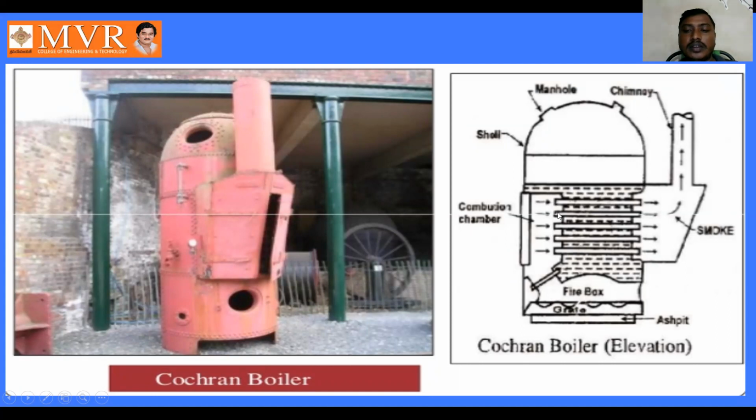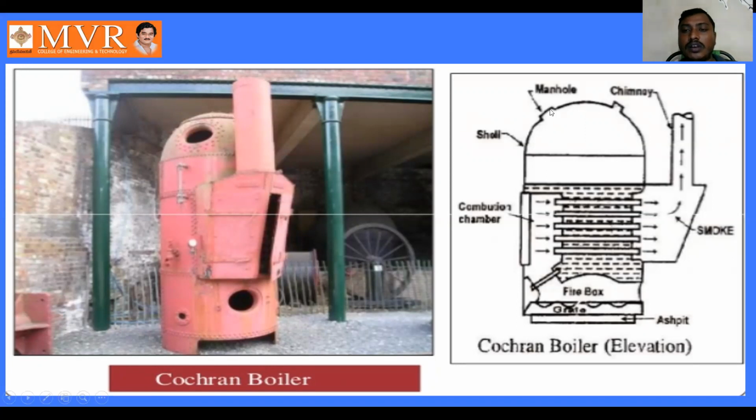The heat enters into these tubes, and water circulates around the tubes. This is the smoke box. The ash and gas produced here are released into the atmosphere through this chimney.